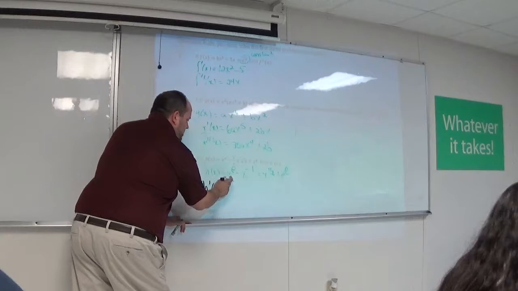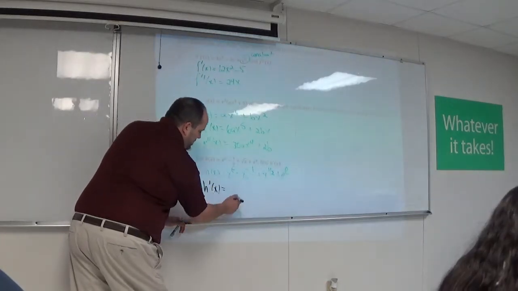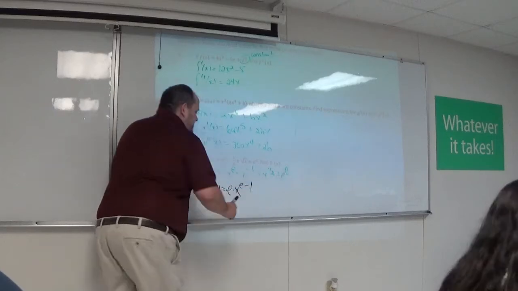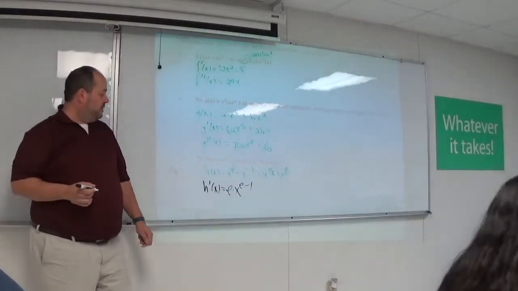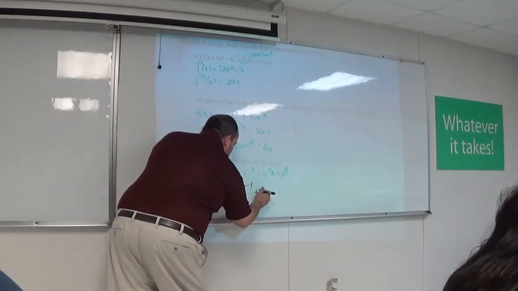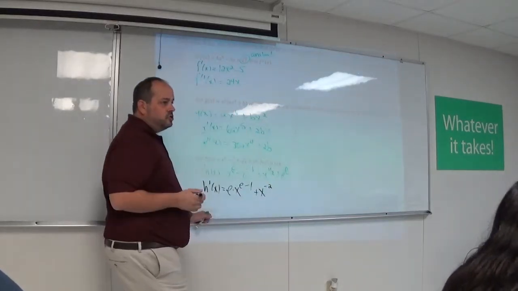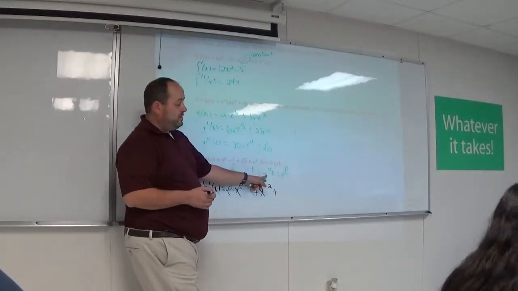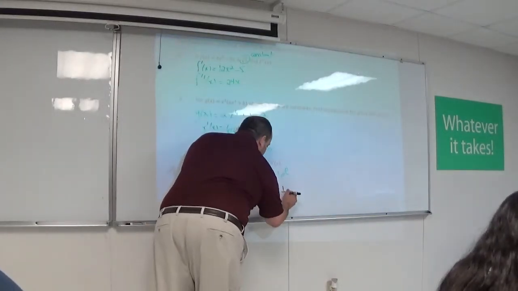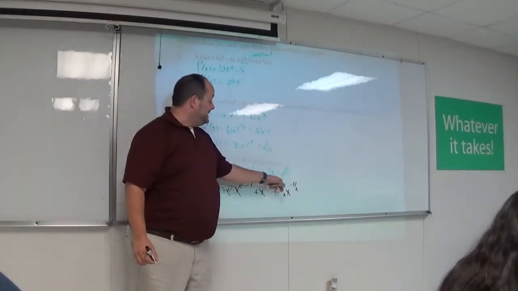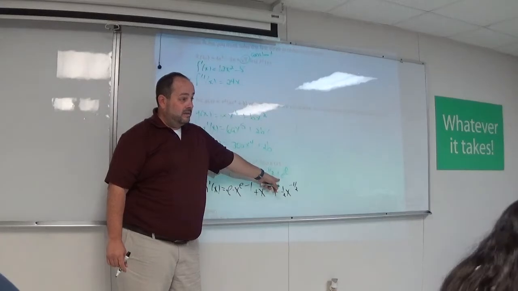Power rule says derivative of x to the e, what's that going to be? E times x to the e minus 1. Minus the derivative of x to the negative 1 means plus x to the negative 2, plus the derivative of x to the half, 1/2 x to the negative a half, plus derivative of e to the e.